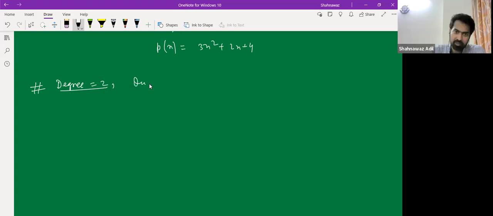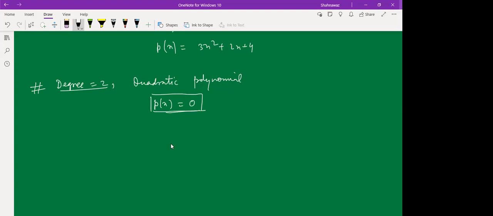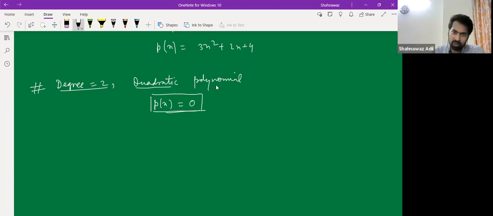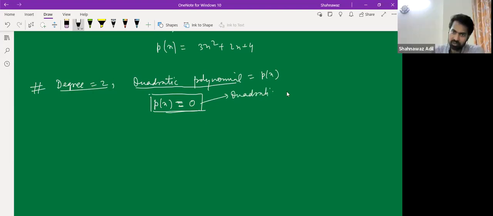So I have a quadratic polynomial P(x), and if I equate it to 0, what do I have? Obviously these x would be the zeros of the polynomial, but this is called the quadratic equation.